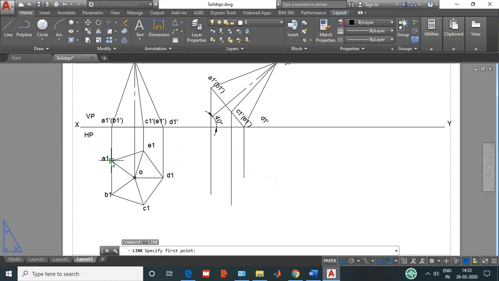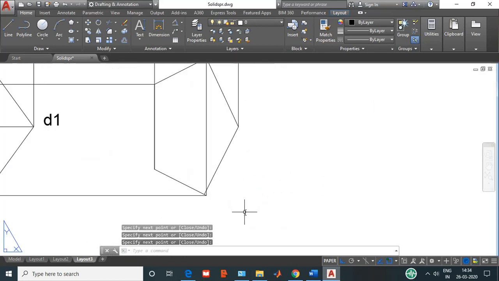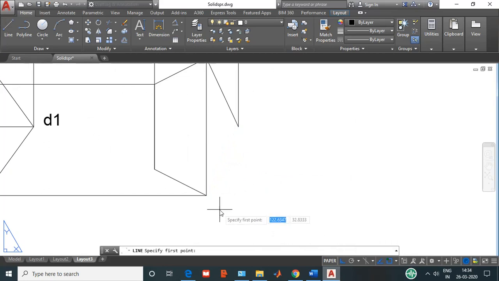Then do the projection from A, then from E, and from C. Now you can join all the lines one by one. That becomes the base of the pyramid.